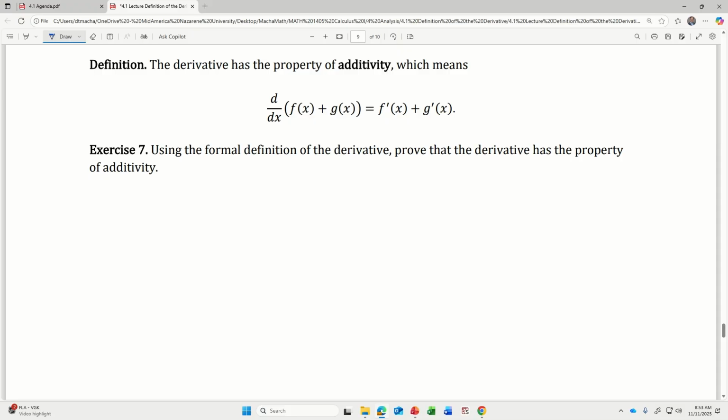So it says, using the formal definition of the derivative, prove that the derivative has the property of additivity. So what I want you to do is say, all right, I'm taking the derivative of f of x plus g of x.